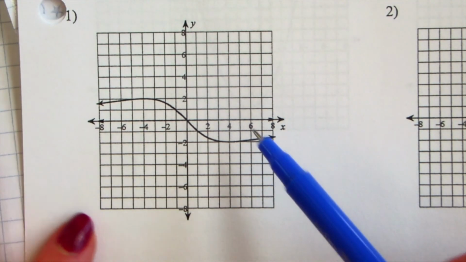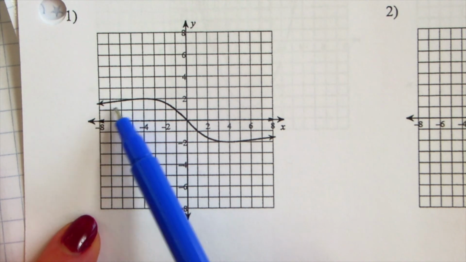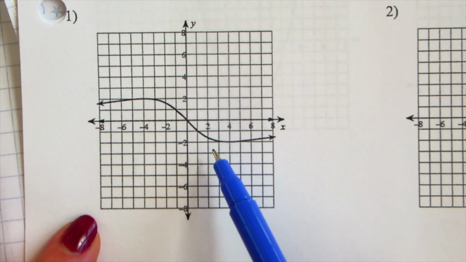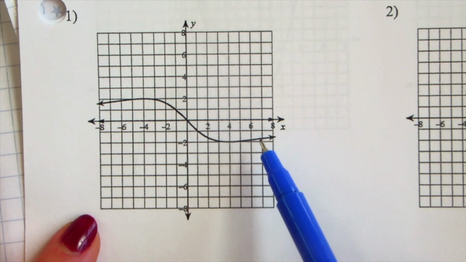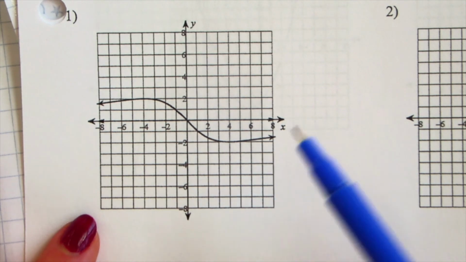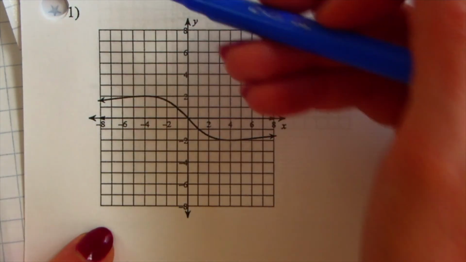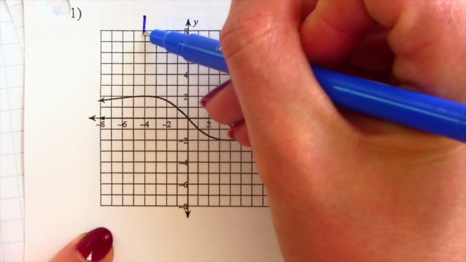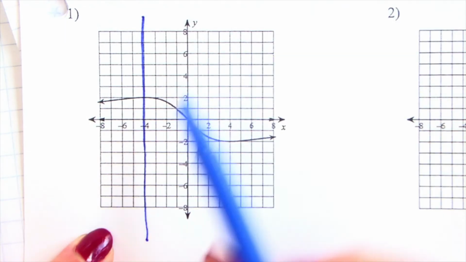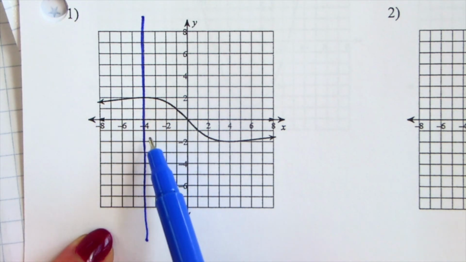And this function is a little bit trickier because it looks like it starts off by increasing, then it's decreasing, then it's increasing again. So I'm going to end up with 3 different intervals. I'm not going to be perfect because I'm just using my eyeballs, but it looks like I can estimate the function starts making this shift from increasing to decreasing at the x value of negative 4.